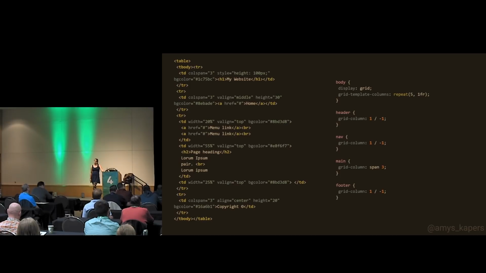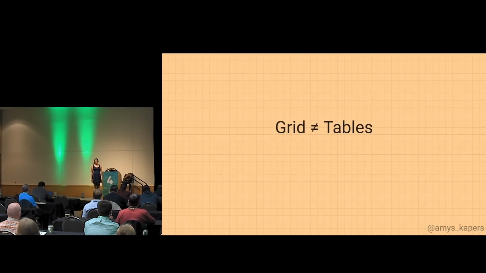But the question everyone keeps asking is, didn't we already have this with tables? Isn't Grid just a newer, fancier version of the table layout we've been scoffing at for years? No. CSS Grid is specifically designed for creating layouts.